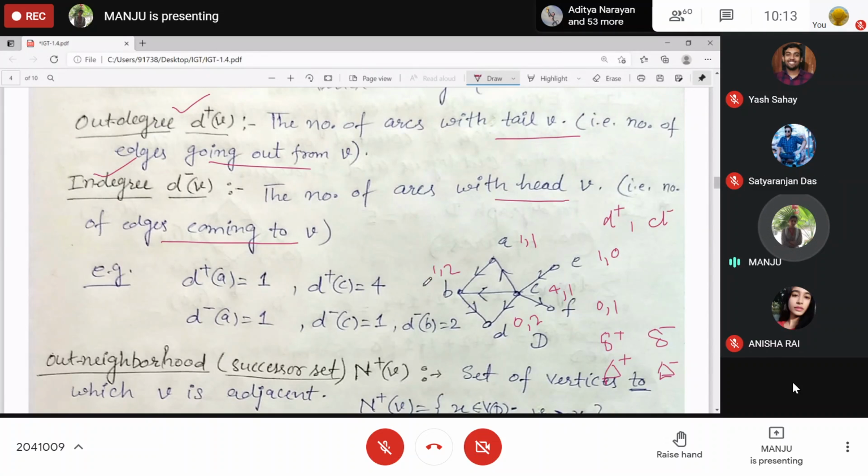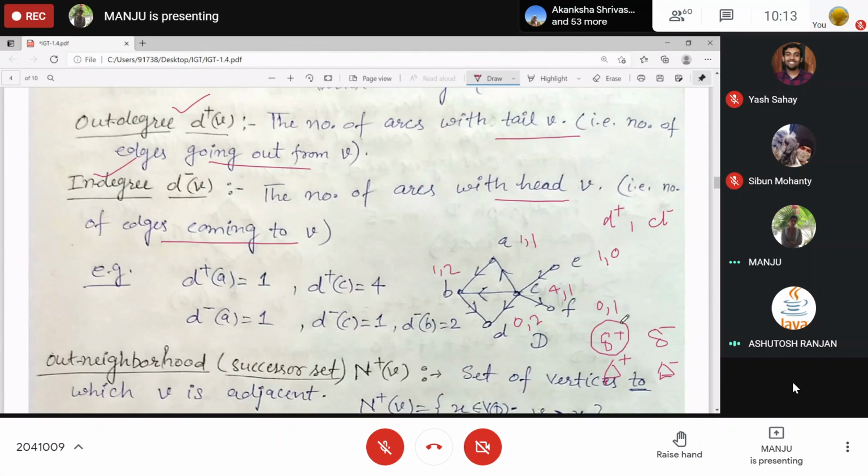So can you tell me, for this digraph D, what is the maximum in degree? Maximum in degree is 2. We will look at all the in degrees and take the maximum, that is 2.